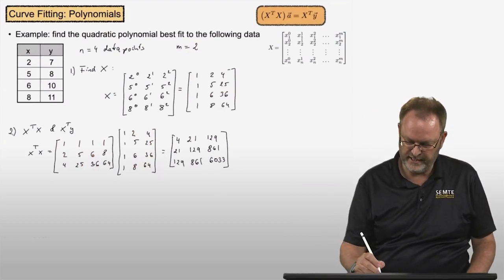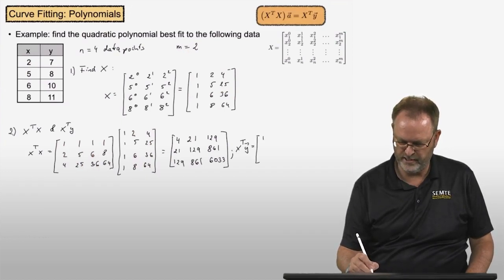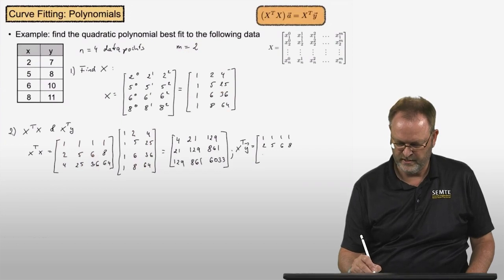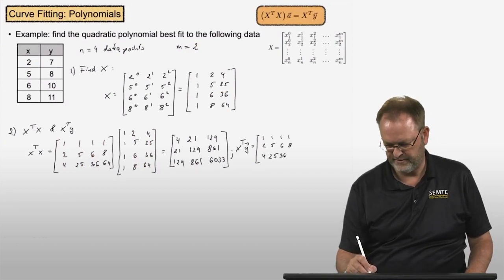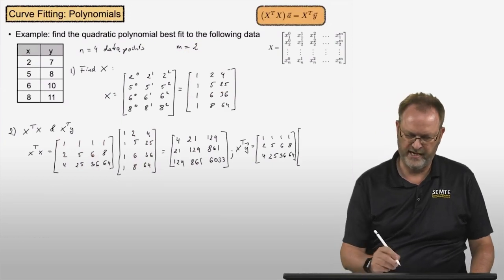And now I need to calculate x transpose times y. Okay, so that's my x transpose again: 1, 1, 1, 1, 2, 5, 6, 8, 4, 25, 36, 64, times the vector of y values.